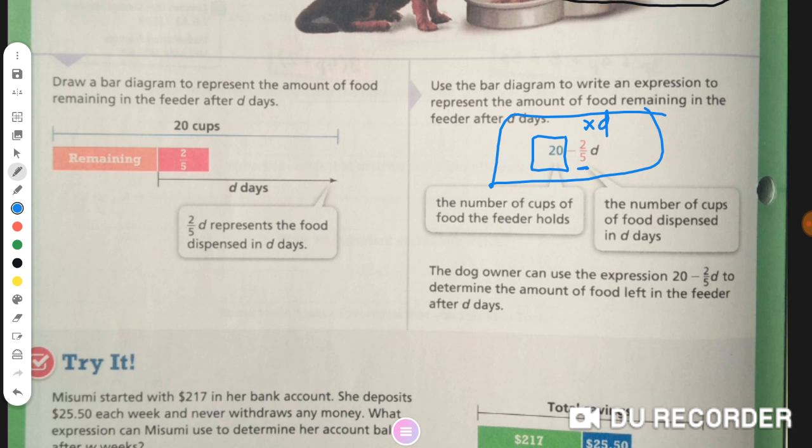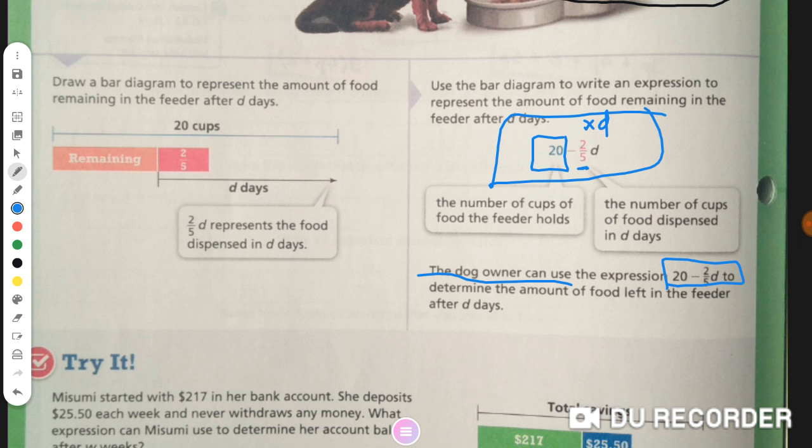So, at last, the dog owner can use the expression 20 minus 2 over 5 D to determine the amount of food left in the feeder after D days.